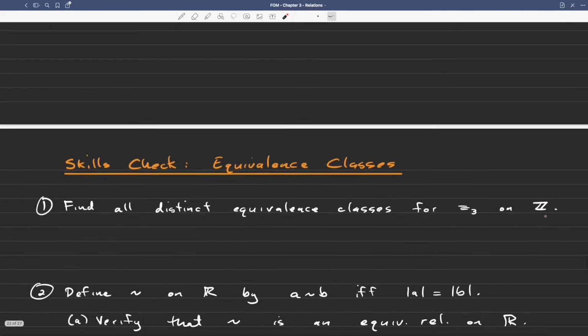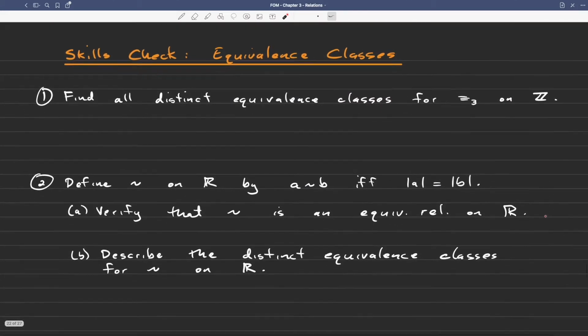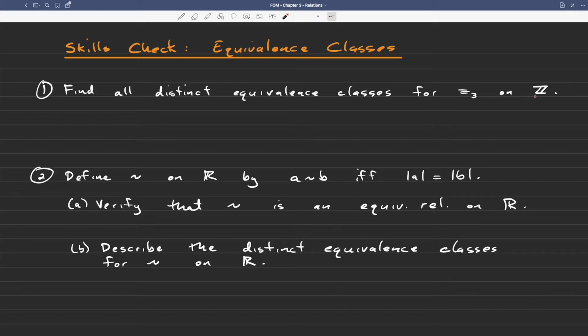Let's take a few minutes to do a skills check here. For the first problem, I want you to find all of the distinct equivalence classes for congruence modulo 3. This will be very similar to our congruence modulo 5 problem. And then the next one, we have an equivalence relation defined on all the reals, defined by a is equivalent to b if the absolute values of a and b are equal.